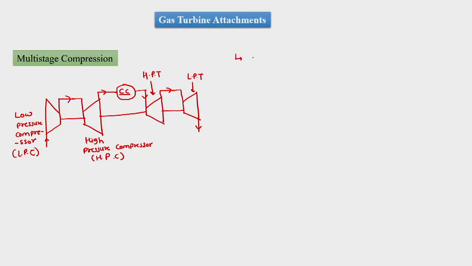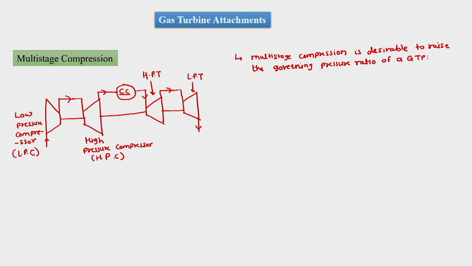However, multi-stage compression is desirable to raise the governing pressure ratio of a gas turbine power plant, but blade design of compressors becomes critical in the design of a multi-stage compressor.